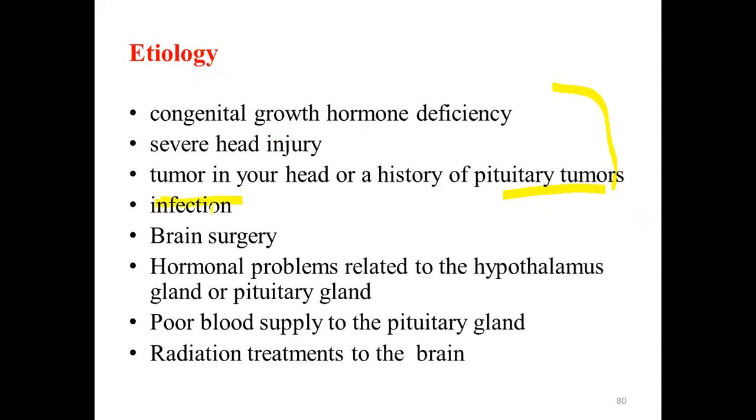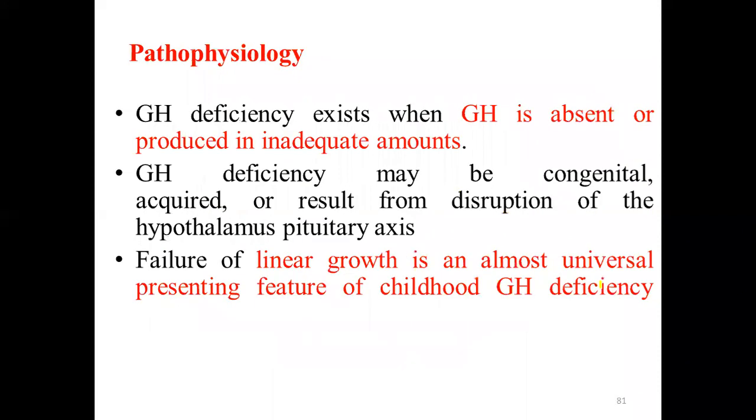Of course, infection and brain surgery are also things you can encounter. Hormonal problems related to the hypothalamus or pituitary gland, and even radiation treatment to the brain areas, can cause dwarfism.